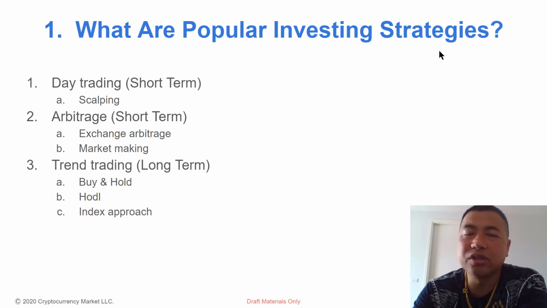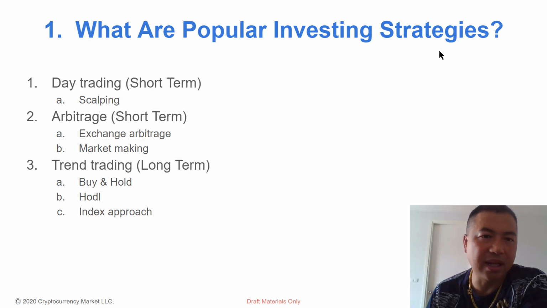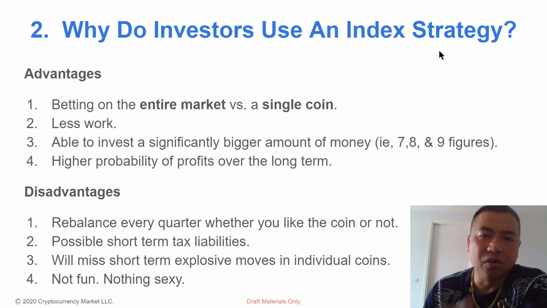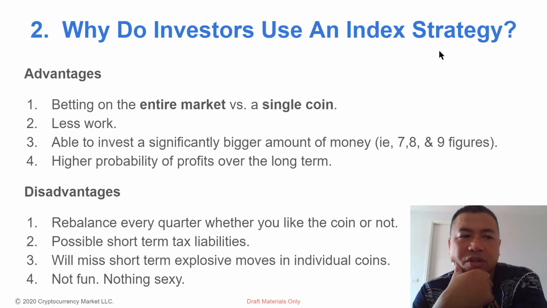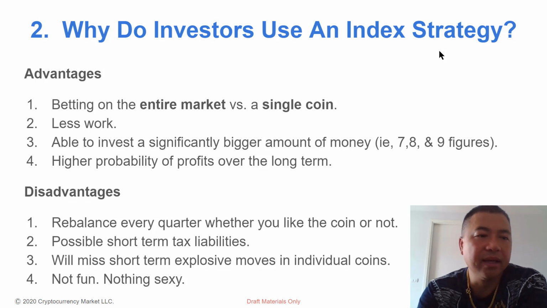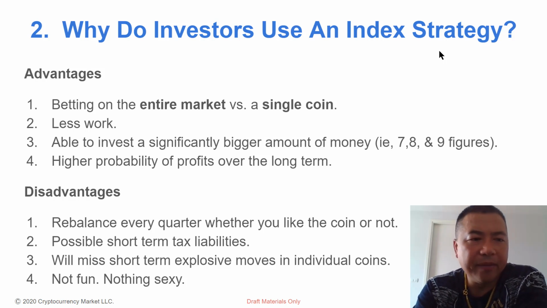And an index approach, let me go to the next slide here, and let me explain what an index approach is, okay? So why do investors use an index approach? Okay, so there's several advantages, but there's also disadvantages of it, okay? So the advantage is that when you trade an individual coin, you're betting that a single coin is gonna go up in price.